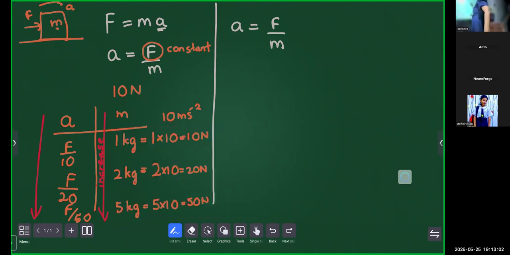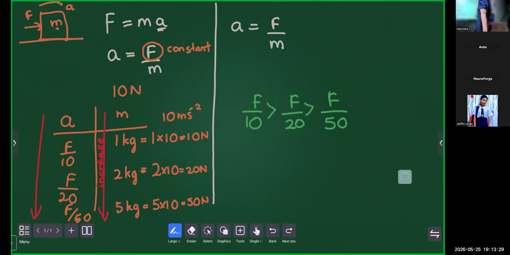Look at this. F divided by 10, F divided by 20, F divided by 50. Which one has the highest value?